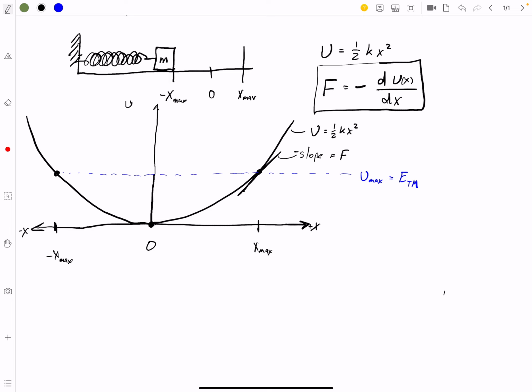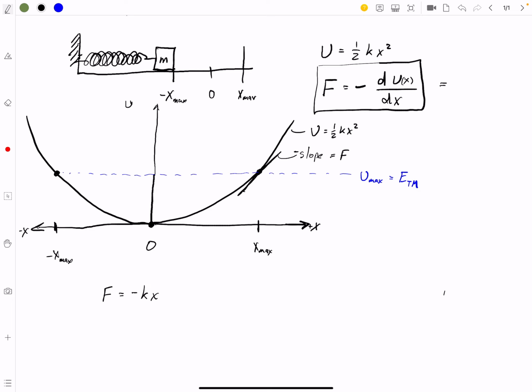Okay, so if we want to, at x max, let's do it. Let's find out what that force is. So we're going to take F equals minus kx, right?